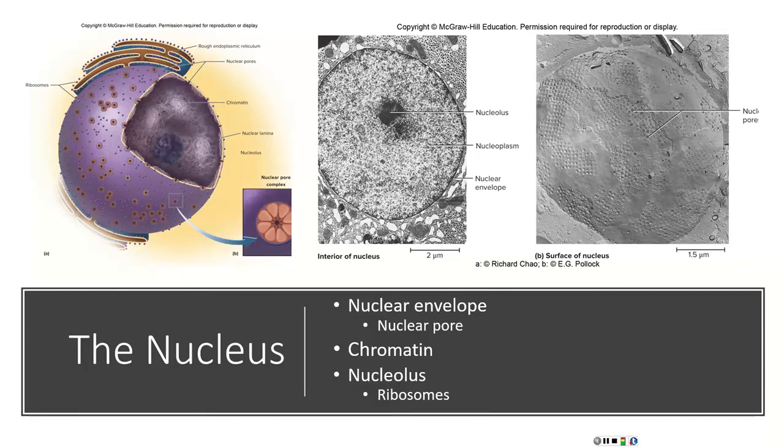So what are ribosomes? Ribosomes are the parts of the cell that make protein. They will be very important when we get to chapter 4. We mentioned them in chapter 2 briefly when we were talking about proteins. What did we say proteins were made from? Proteins were made from amino acids.